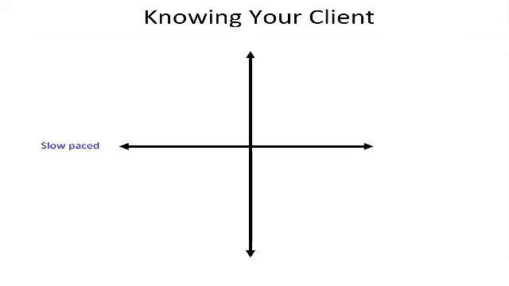At the other end of the scale, you get people who are very fast. They're fast speakers, they react quickly, they think quickly, they are just fast people. So on the one side, we're going to put slow-paced, and on the other side, we're going to put fast-paced. Okay, so that's the division there. And of course, there's lots of people somewhere in the middle.